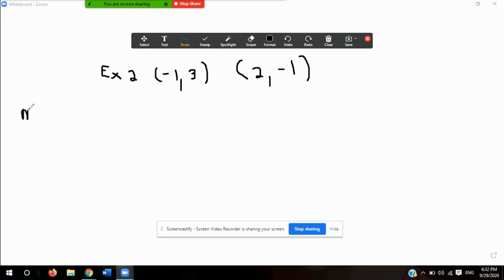It's m equals y sub 2 minus y sub 1 over x sub 2 minus x sub 1.